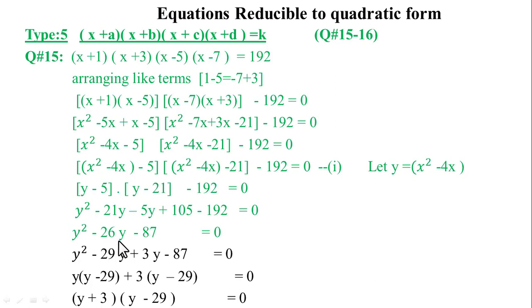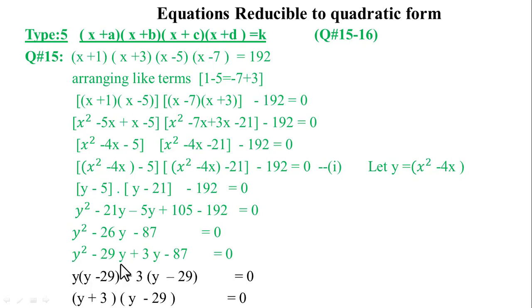We do the midterm breaking of 26 into two parts: minus 29 plus 3. Minus 29 times 3 is minus 87 and minus 29 plus 3 is minus 26. So the equation changes to y square minus 29y plus 3y minus 87 is equal to 0.